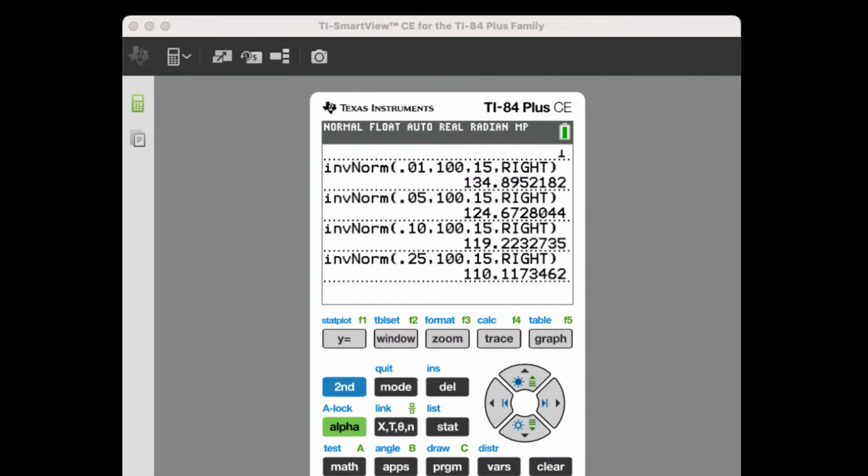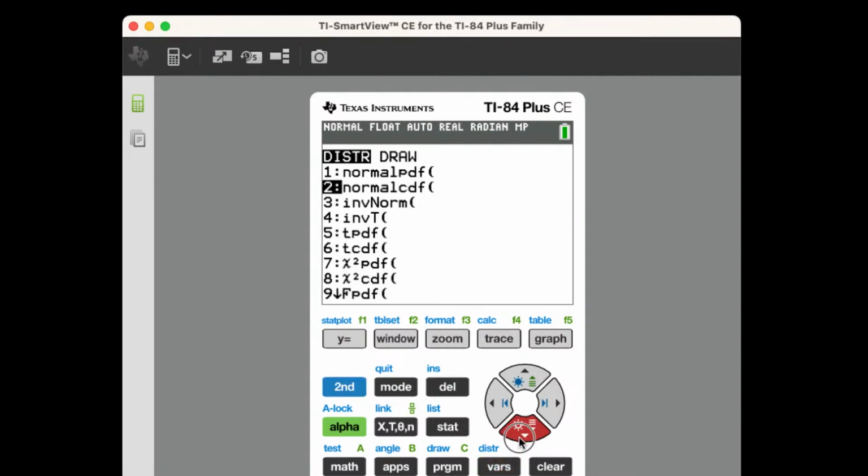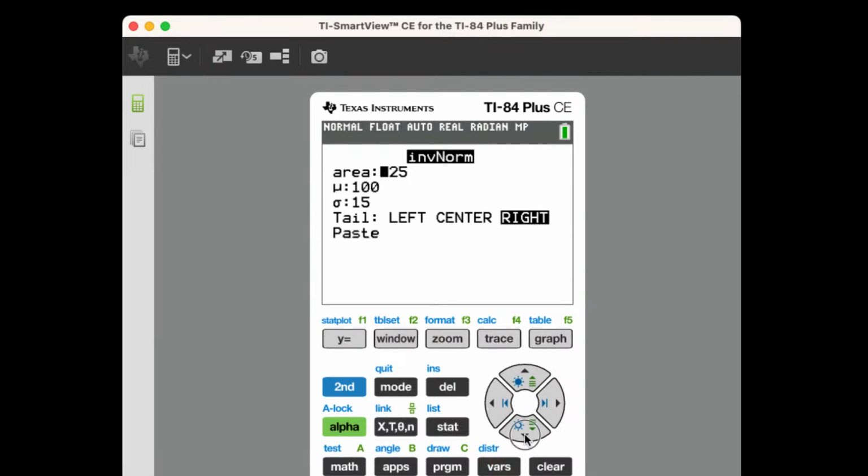Now let me do something here too with this calculator. I can say this. Second distribution, inverse norm. What if I want to use the left, like the default? Give me the left now, like the default. What area should that be? That should be 75%. Is that true?